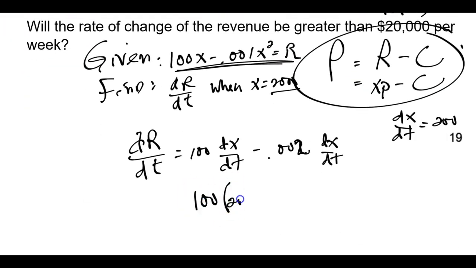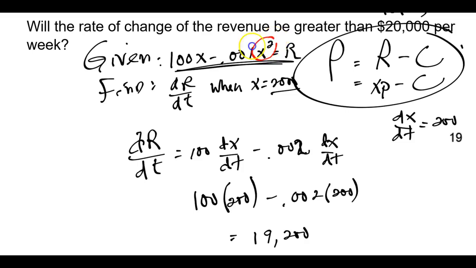100 times the 200 minus 0.002 times the 200 hopefully will turn out to be 19,200. And it would turn out to be 19,200 if I would have taken the derivative correctly right here. The derivative of x squared is really 2x, and I drop the x term, and that x term is really another 2,000, which I didn't plug in there.